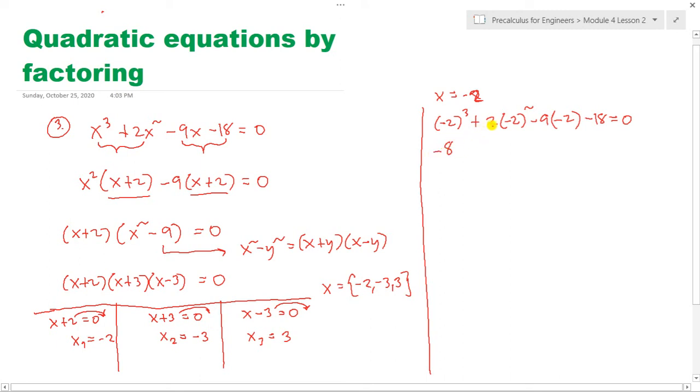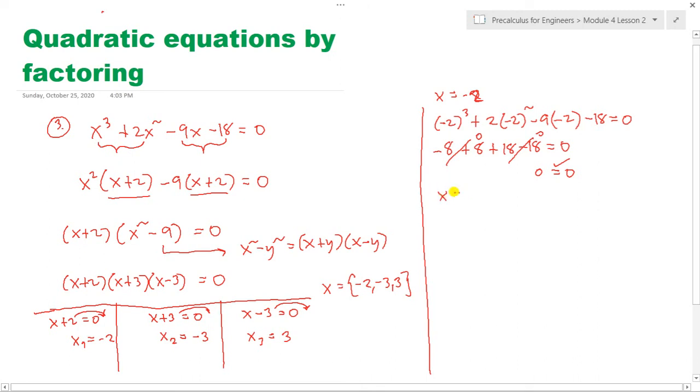Then negative 2 squared is positive 4 times 2 is plus 8. Then negative 9 times negative 2 is positive 18. Minus 18 is equal to 0. So negative 8 plus 8 is 0, and 18 minus 18 is 0. Therefore 0 equals 0. So the first solution, negative 2, satisfies our equation. This one is correct.